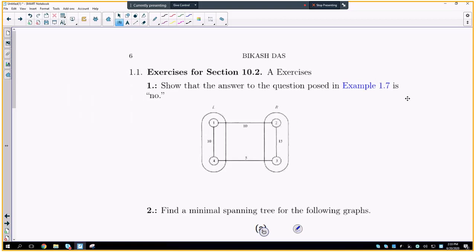Okay, so let's try to think in this way. Say we are connecting R to L, and we already said that the minimum spanning tree is going to contain this length, 5. Now connecting L to R, we're going to choose the minimum weighted bridge, so we must choose this bridge. Now, in order to connect between 3 and 1 and 4 and 2, you are going to look for all the bridges.